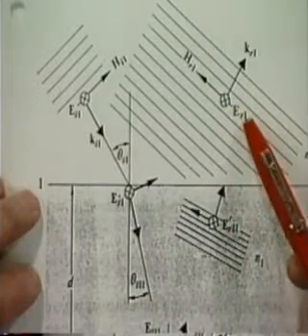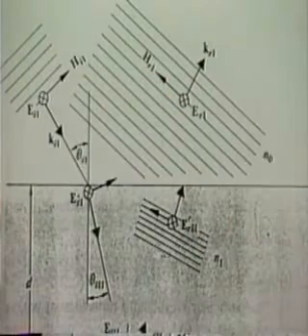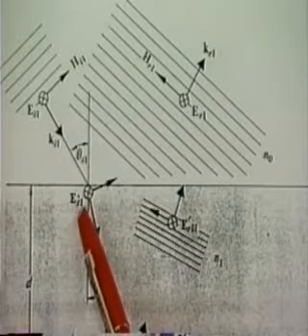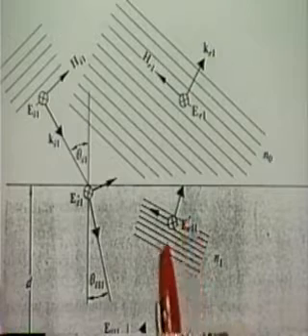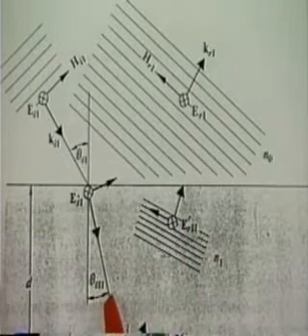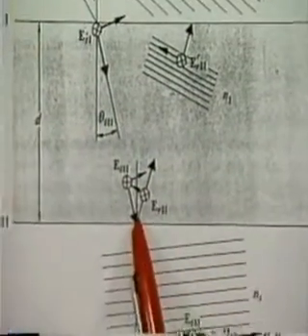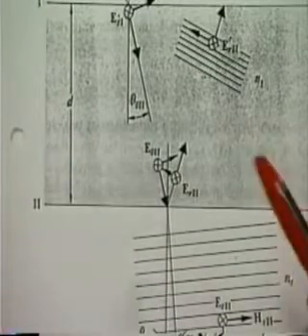Reflected back here, E sub R1, H sub R1, k sub R1. Okay, makes sense. What goes through here? E sub T1, where the 1 stands for surface 1. Theta sub I2, because that will be the angle incident on boundary 2 down here. Okay.